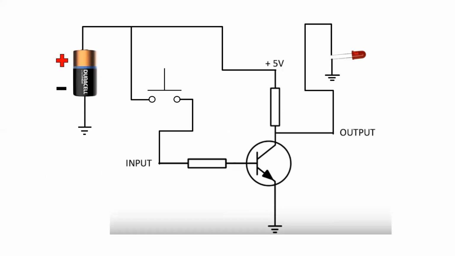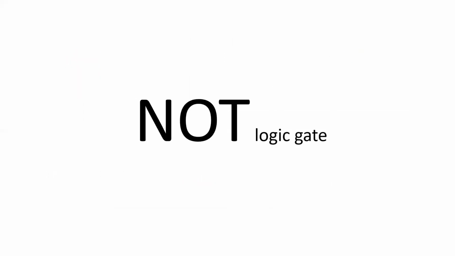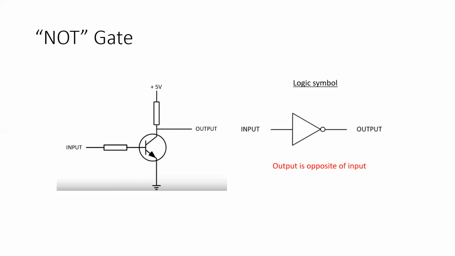This essentially would be a full NOT gate circuit. But we're a little bit ahead of ourselves here. A NOT logic gate is made up of a single transistor, a couple of resistors, a DC source connection, an input, and an output.